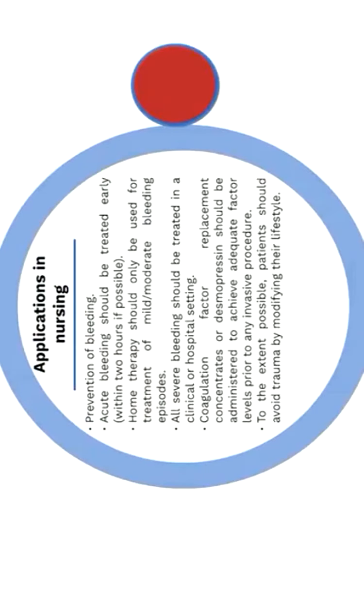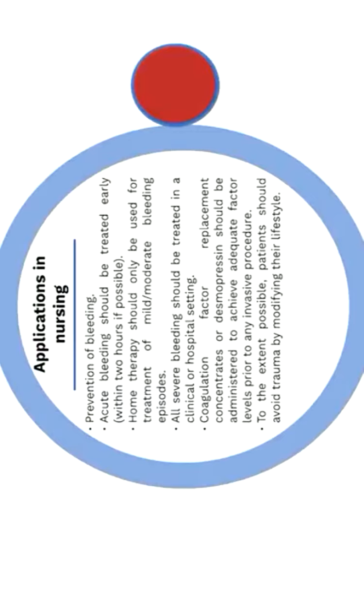Application in nursing: prevention of bleeding. Acute bleeding or early home therapy is only used for treating mild bleeding episodes, while severe ones should be treated in clinical or hospital settings.